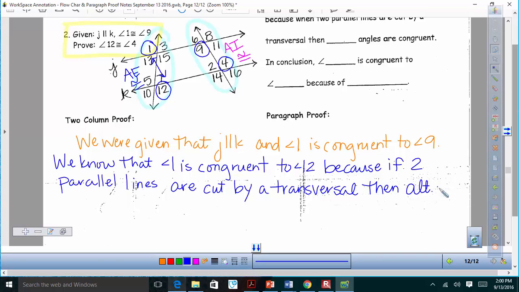Alternate exterior angles are congruent.